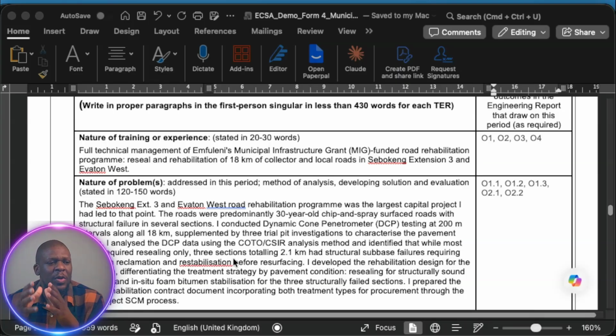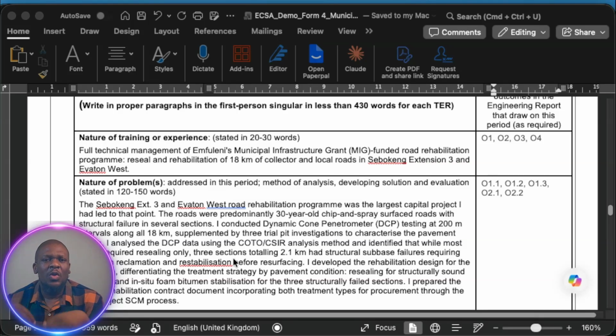Remember, before you can indicate what kind of treatment or what kind of rehabilitation needs to be done on a road, you as an official of government, it's your responsibility to perform the conditional assessment.